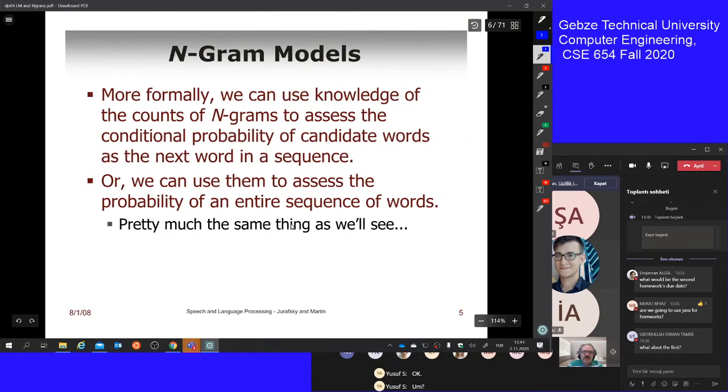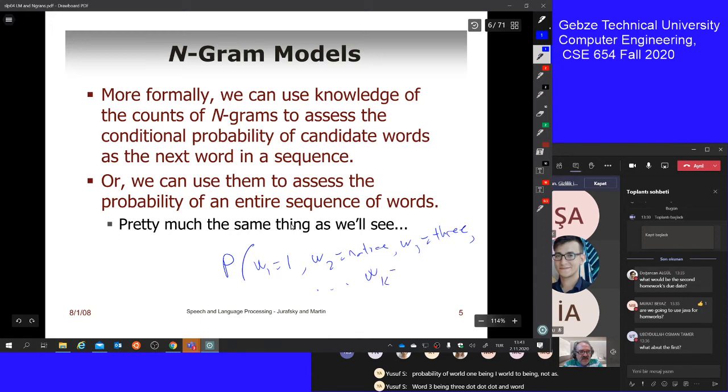So the likely word, that's what you're going to guess. It is going to be this: the probability of, you know what this means, right? The probability of word 1 being I, word 2 being notice, word 3 being 3, and word K being sidewalk.